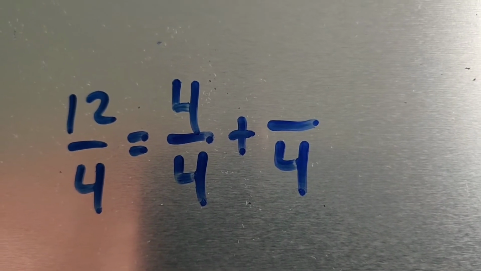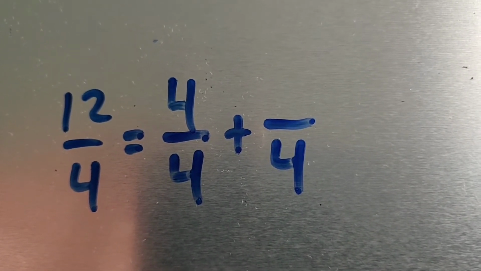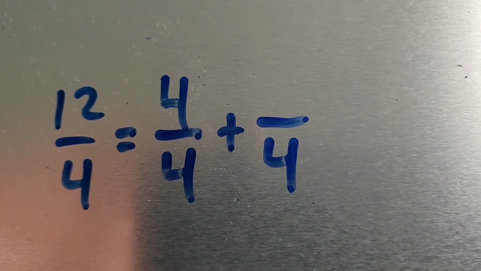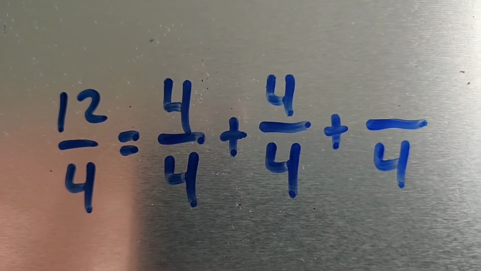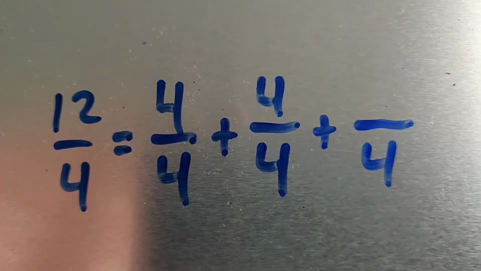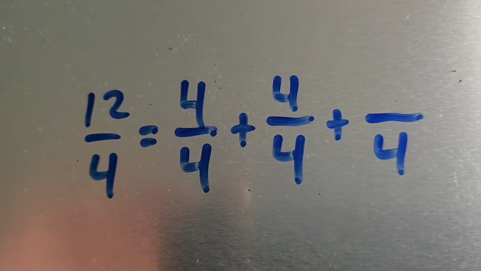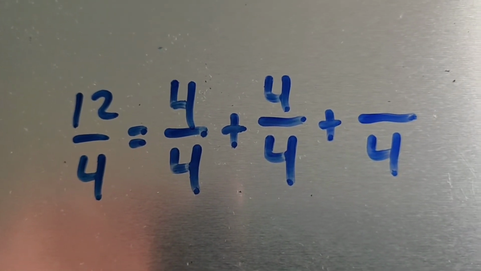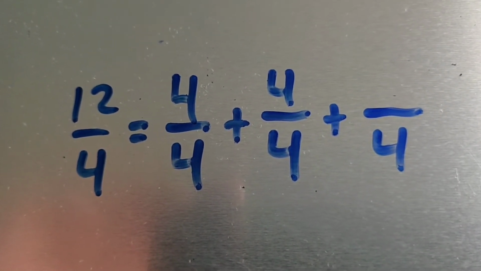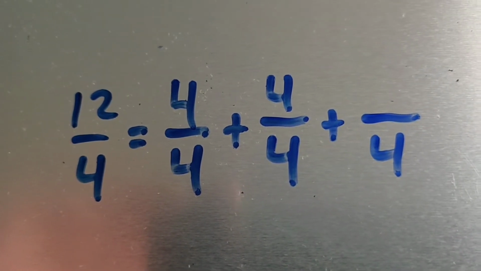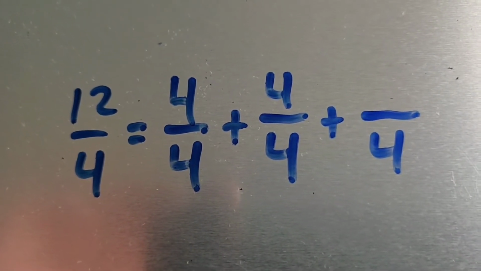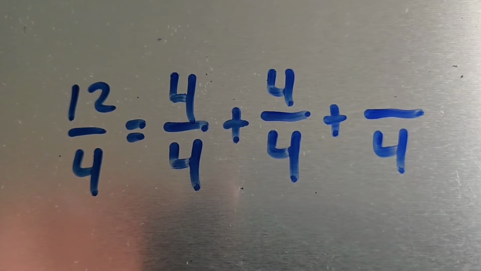What if I added another 4 fourths and made that 8 fourths? So that means on the left-hand side of the equal sign, or we also call that the equation, we have 12 fourths. And so far on the right-hand side of the equation, we have 8 fourths.